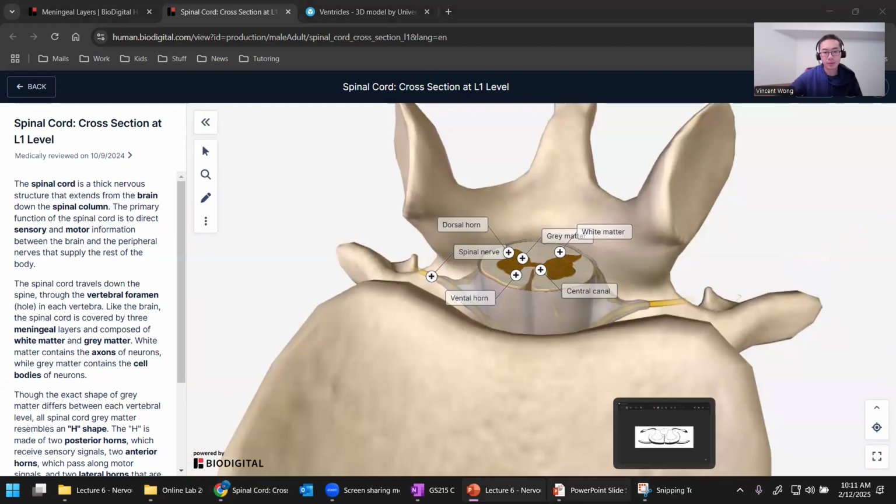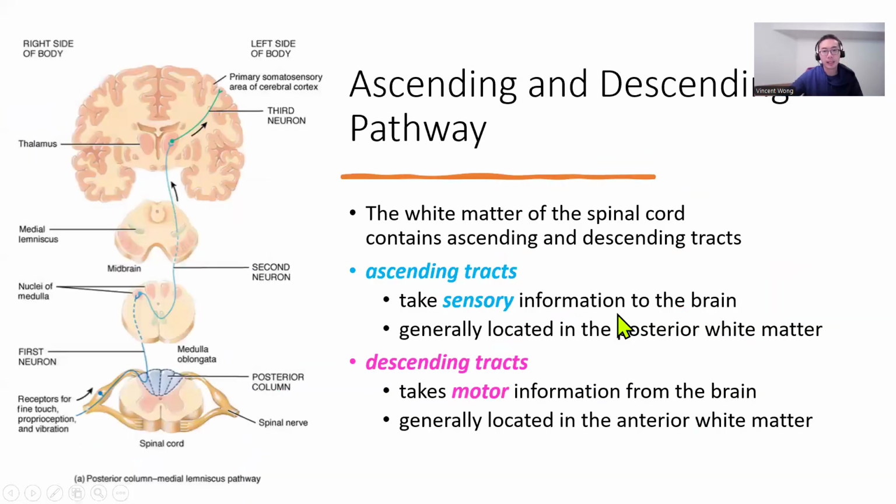All right, let's see what else we got here. This is the ascending tract and descending tract that I was telling you about. Once the sensory information comes in, it can form a loop and do reflex if necessary. But it's also equally important for the information to go up to the brain. So it's going to move up at the back through the ascending tracts.